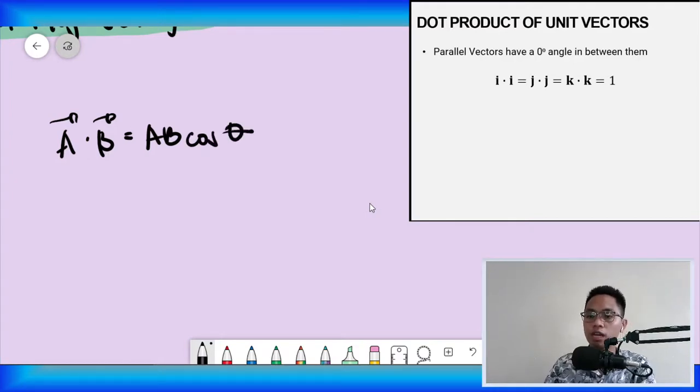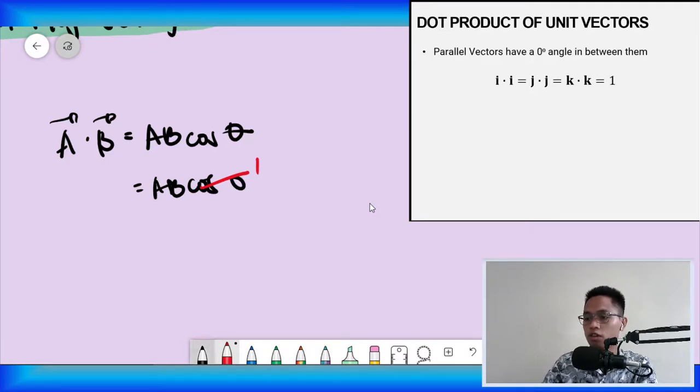Now, if parallel vectors have zero angle in between them, this would be AB cosine 0. Now, what is cosine 0? Cosine 0 is just simply equal to 1.